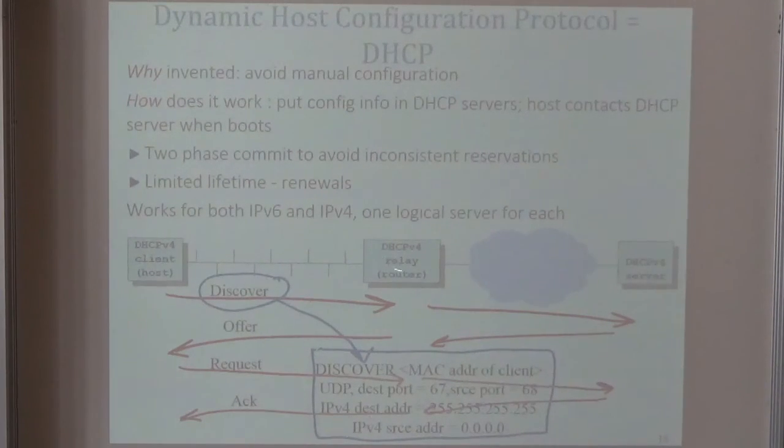Now this guy will receive the response. Now, of course, it has remembered the... I'm not even sure if it needs to remember. In the response, it will have all information. In particular, it will have the interface on which to send it and the MAC address, so it can send it as a DHCP packet to an IPv4 broadcast address and to the MAC address that is given here.